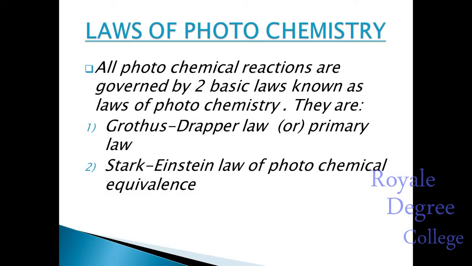Now we'll see the laws of photochemistry. All photochemical reactions are governed by two basic laws known as the laws of photochemistry. The first law is Grotthuss-Draper's law, which is also named the primary law. The second is Stark-Einstein's law of photochemical equivalence.